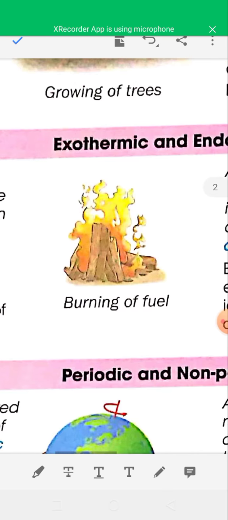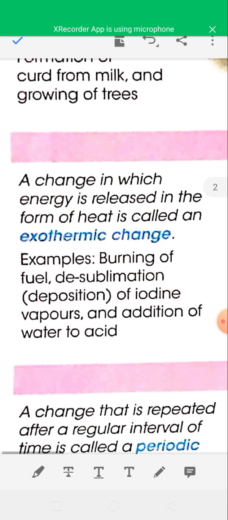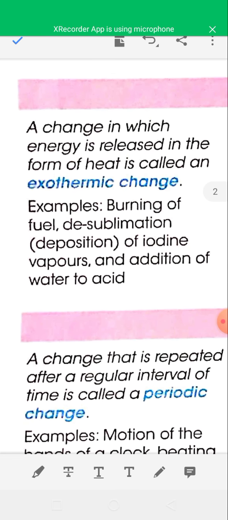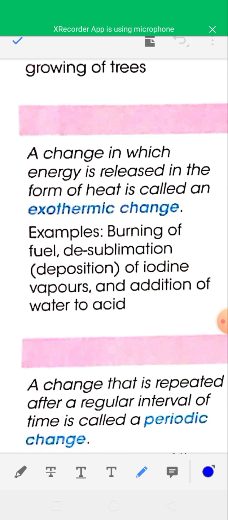Next type of change, exothermic and endothermic. Exothermic means heat released. A change in which energy is released in the form of heat is called exothermic change.